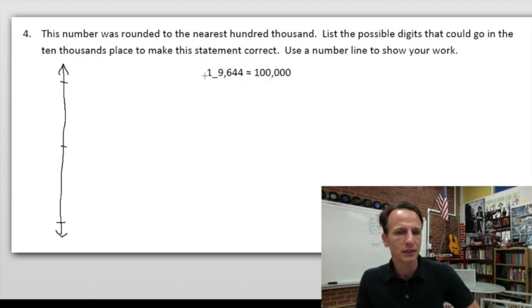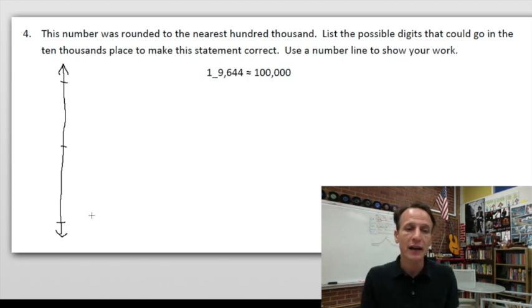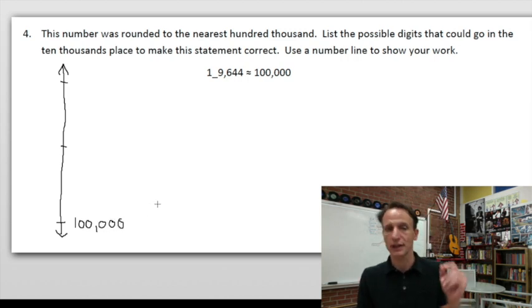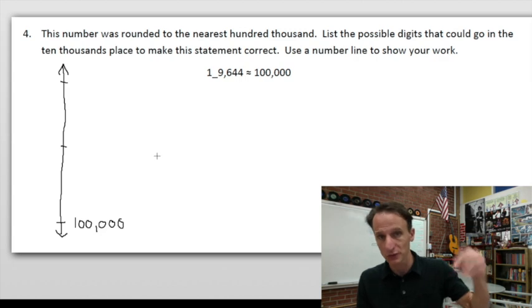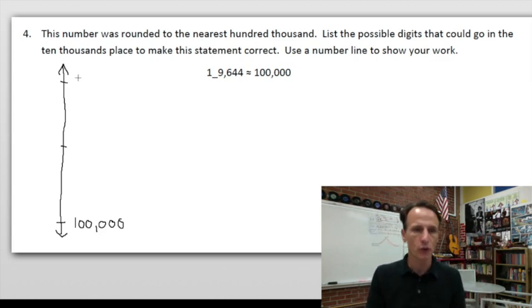Well, when we look at the number we're rounding, how many 100,000s are there? There are 100,000s, and so that would be our lower point on the number line, just the same as in any other rounding we're doing. And we're rounding to the nearest 100,000, so our question is, what is 100,000 more? 200,000. Okay, no problem, Bob.